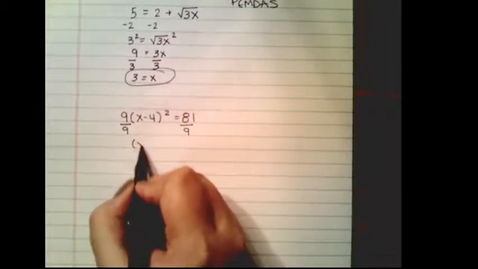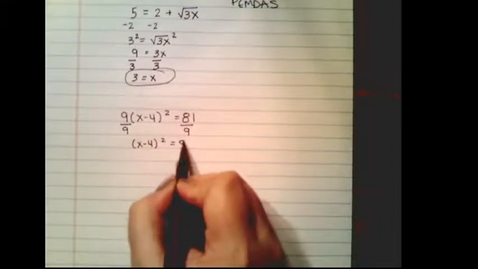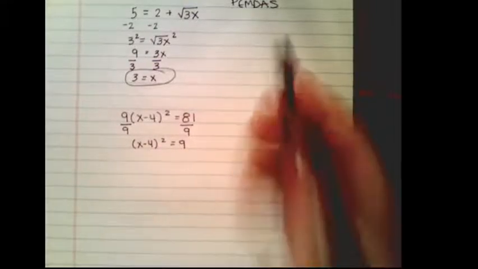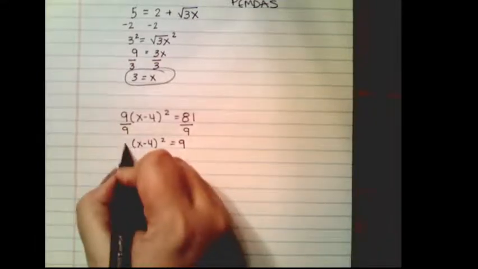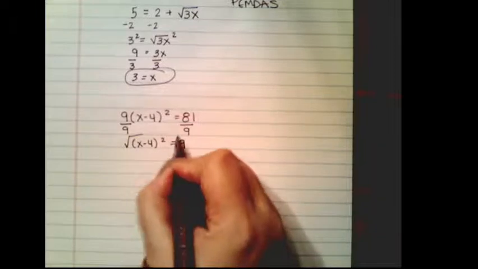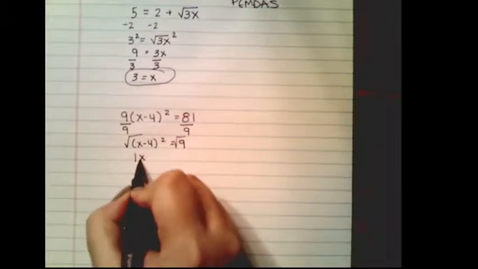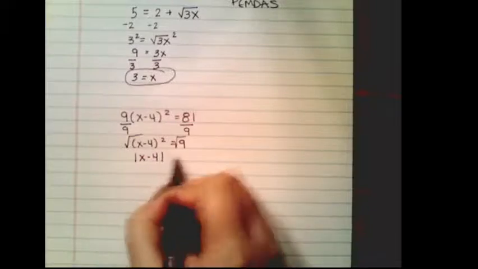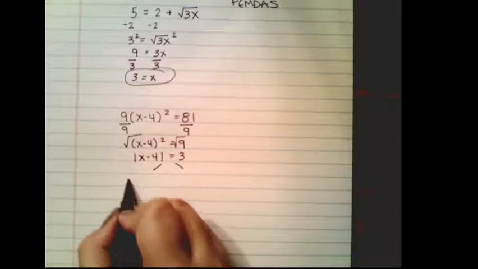And then we have (x minus 4) squared equals 9. Now we need to get rid of our exponent. And we get rid of a squared by square rooting. And when we square root a squared, remember absolute value. Square root of 9 is 3. And now we have our two answers.